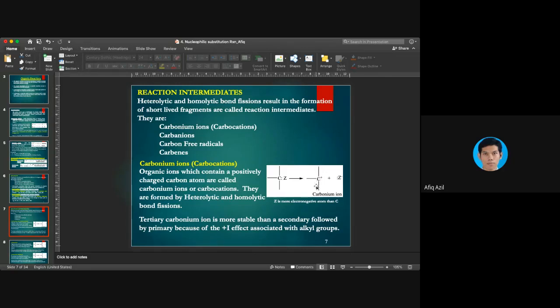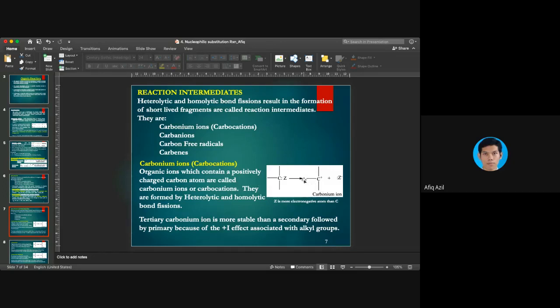Because carbon has a maximum of 4 bonds. If one of the bonds is converted into a positive charge right here, you can only have a tertiary carbocation ion maximum, which is the most stable, and the least stable is the primary carbocation ion.